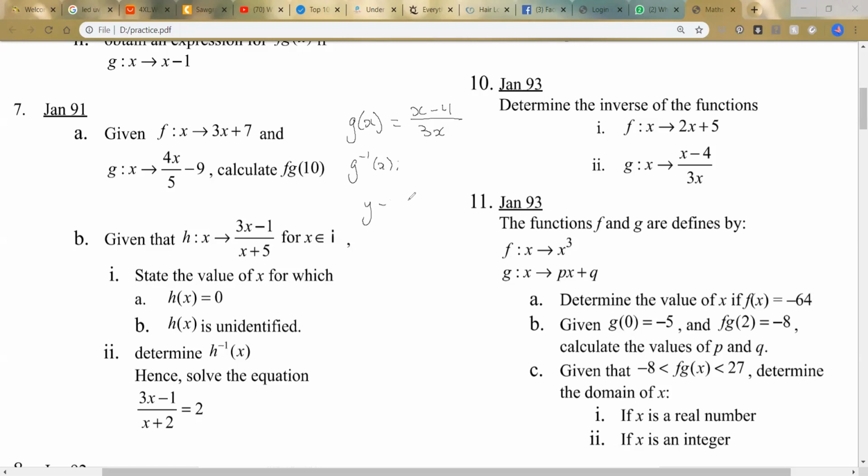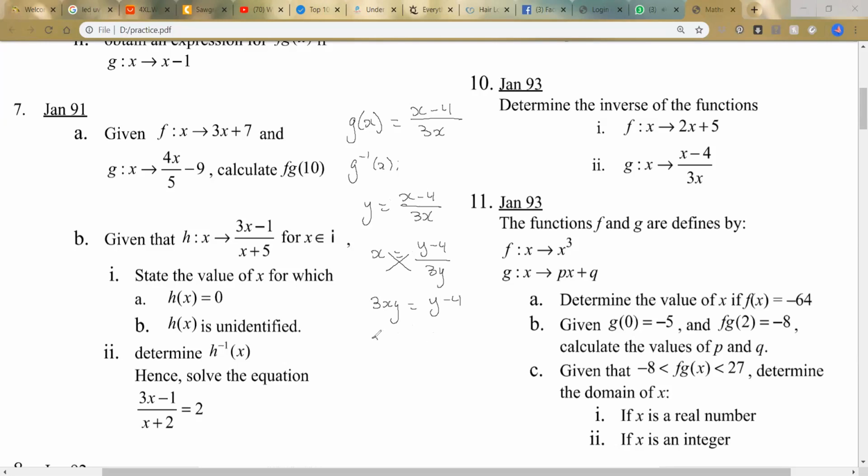So y is equal to x minus 4 over 3x. X would be y minus 4 over 3y. And we cross multiply. So we have 3xy is equal to y minus 4.